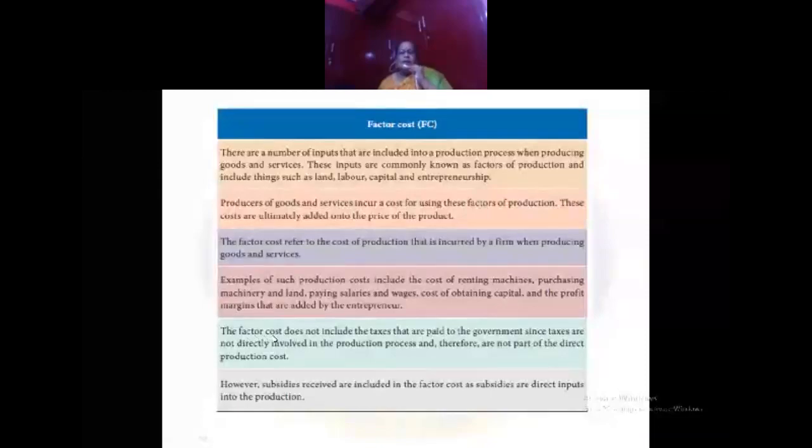The factor cost does not include the taxes that are paid to the government, since taxes are not directly involved in the production process and therefore are not a part of direct production cost. However, subsidies which are received are included in the factor cost, as subsidies are direct inputs into the production.